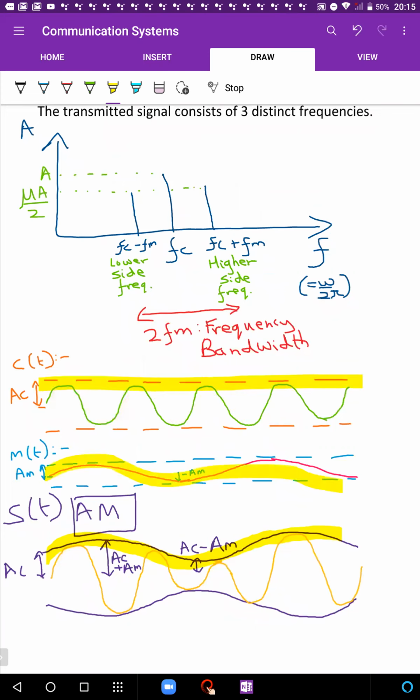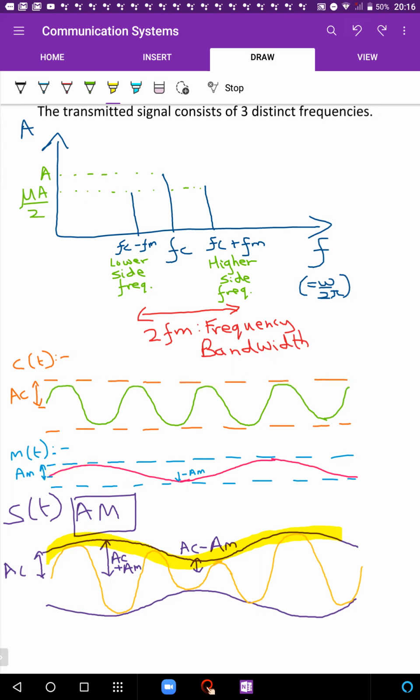So can you see how when this wave increases to a maximum, here the overall amplitude goes from AC to AC plus AM, and then this decreases back to 0 and then goes to a minimum of minus AM. So accordingly the amplitude of this wave becomes AC minus AM. So as this message signal rises and falls, I am going to make the amplitude of my final signal also rise and fall accordingly.